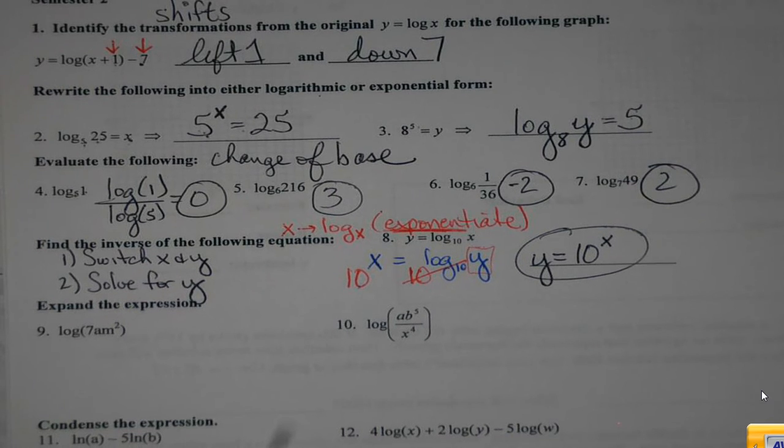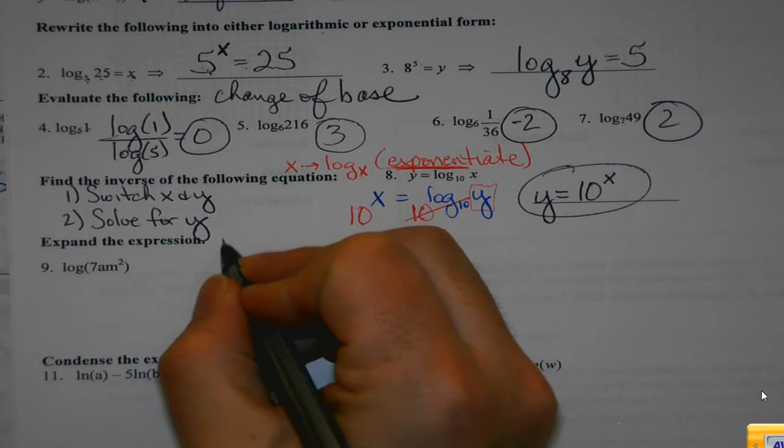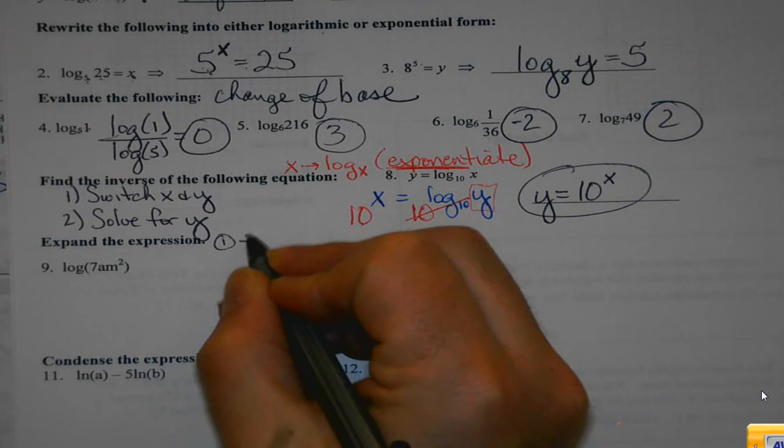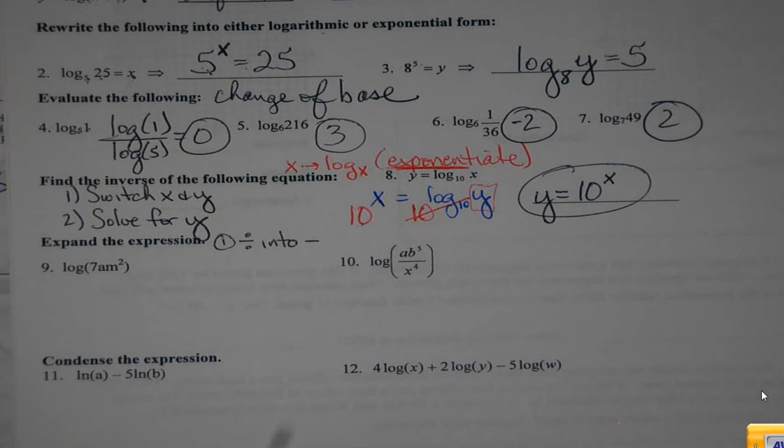So let's see here, what else we got? Okay, expand. Between your notes from when we did this originally, and what we've got on the sideboard right now, you have that process down in your head. So when we go to expand, normally what I look for first is to turn division into subtraction.